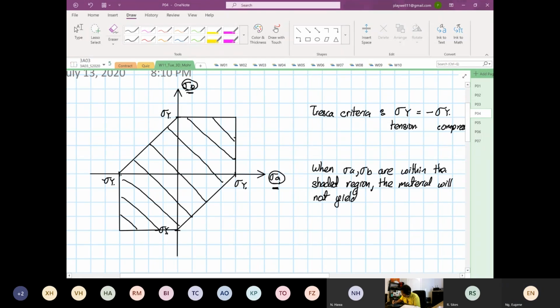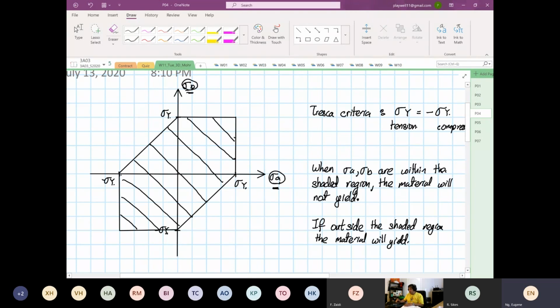All right. But if outside the shaded region, the material will yield. Okay.